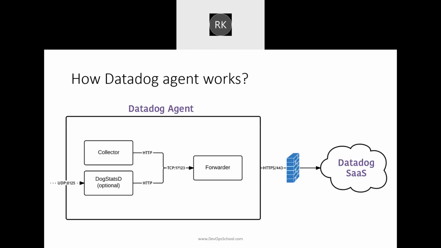Okay. Now, understand that we have dogstatsd also. Sometimes you want to send data to Datadog as custom metrics. Custom metrics means metrics from your code, from your application. Let's say you want to send the number of transactions and store it at Datadog for reporting purposes: number of orders placed, number of transactions, number of people logged in, number of people logged out.